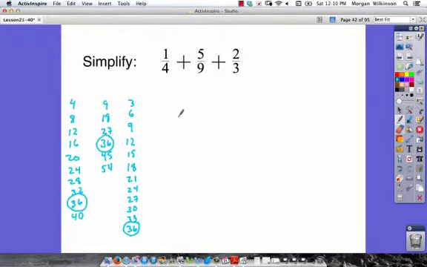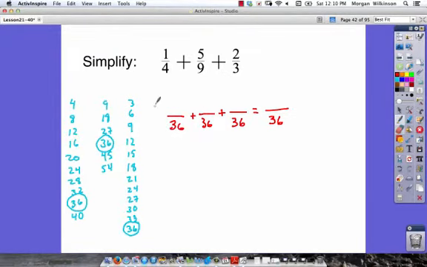So now we're going to rewrite our fractions. It's going to be something out of 36 plus something out of 36 plus something out of 36 gives us an answer that's going to be something out of 36. If you know a different way to find the least common multiple, you may, as long as you came up with the same answer of 36.